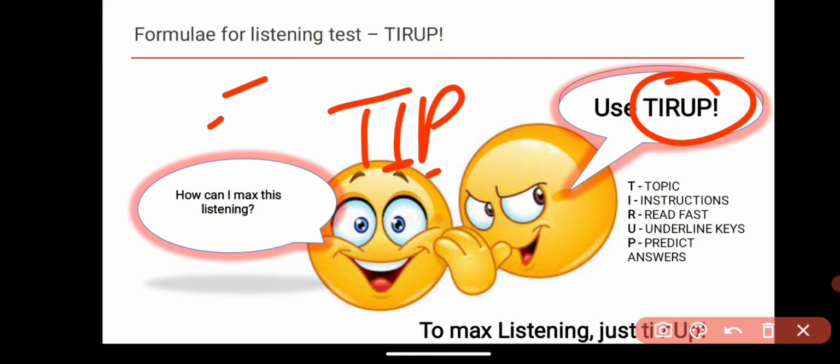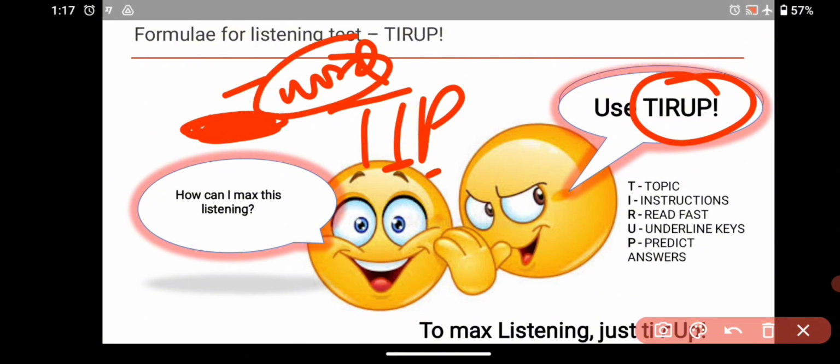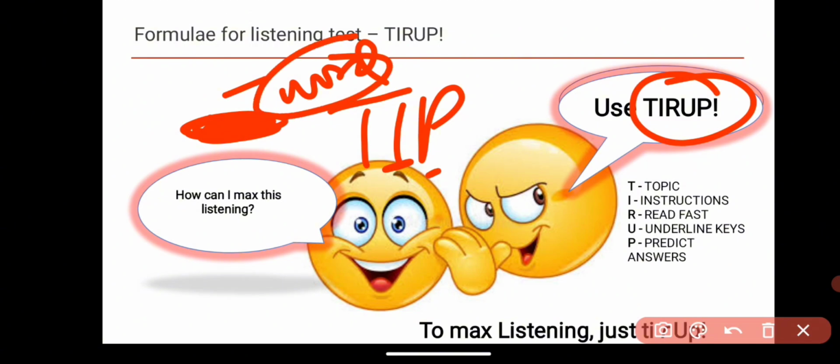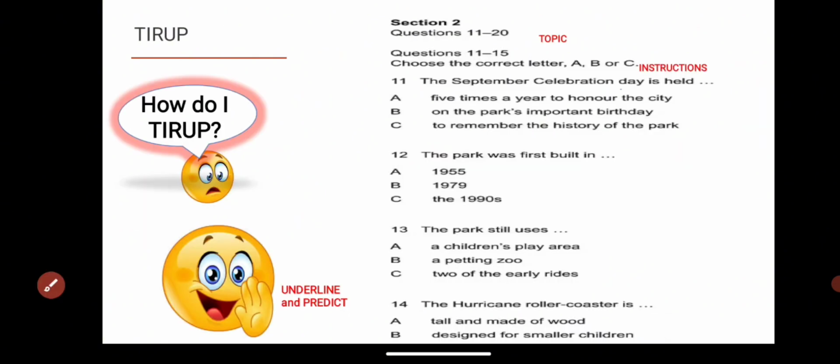As you're reading the question, take note of the keywords. Try and summarize the whole question in one word or two words. What are they looking for?